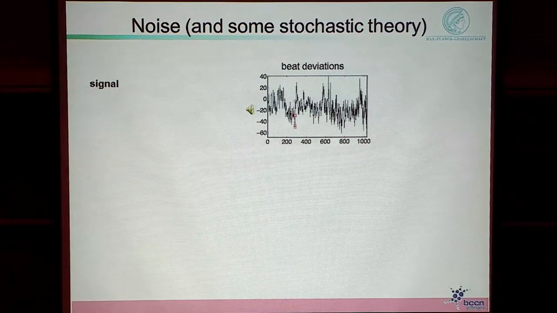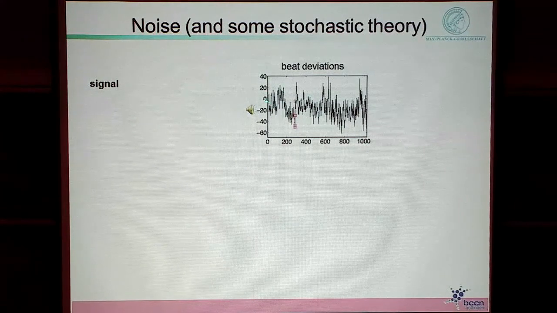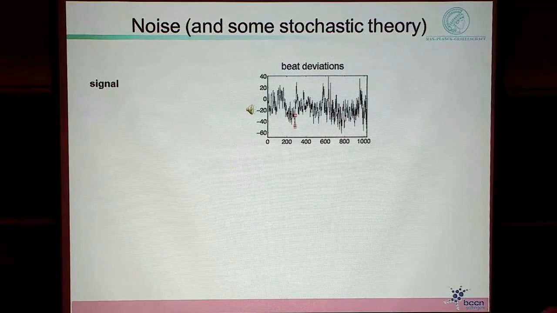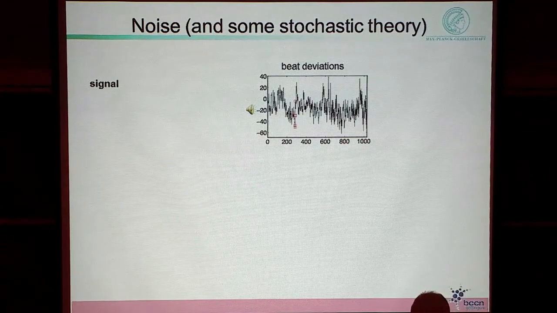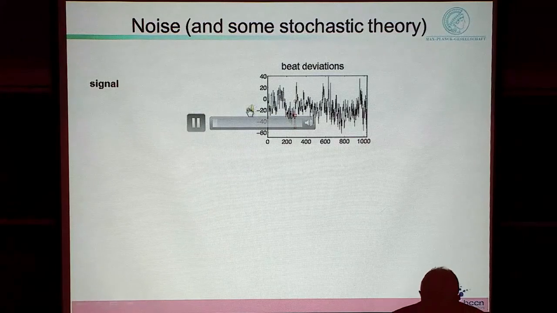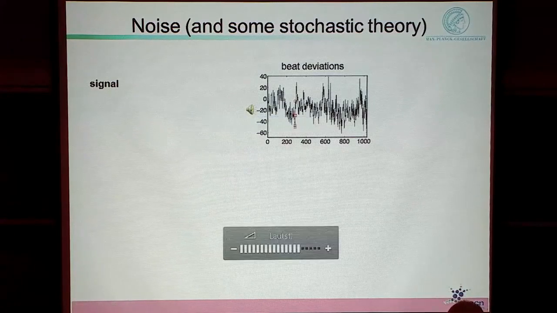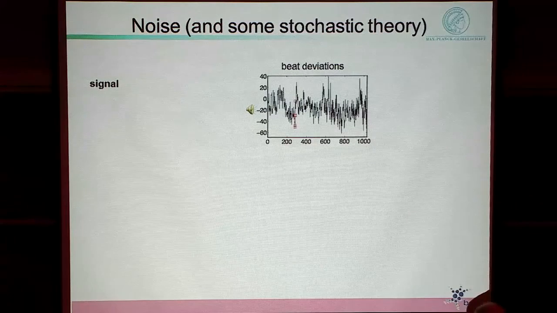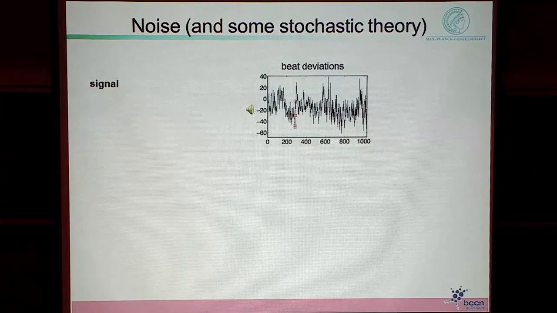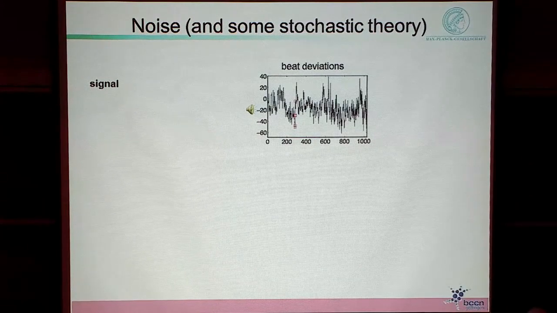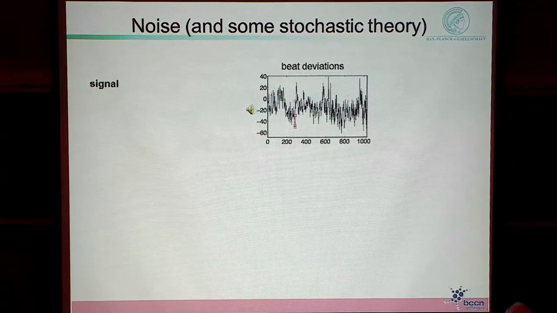Let's understand this sequence as a signal and put it on a loudspeaker, and let's listen to this. Obviously, such random signals that are not periodic can be understood as noise.